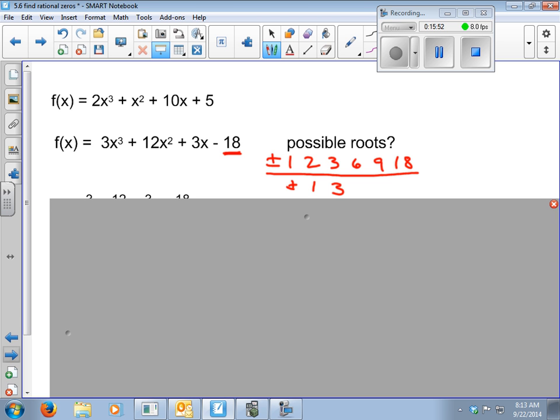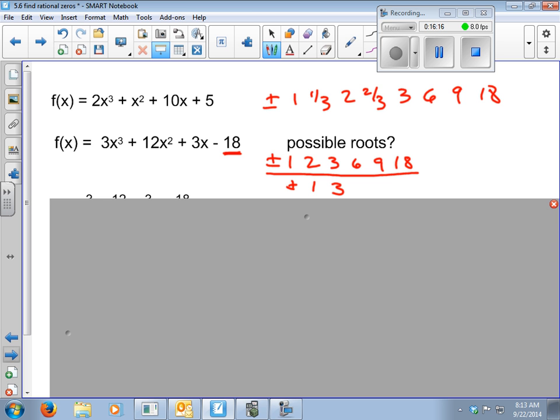So our list of possible roots would be 1, 1/3, 2, 2/3, 3, 3/3, which is 1, 6, 6/3, which is 2, 9, 9/3, which is 3, and 18. Plus and minus, those are all of the possible roots.